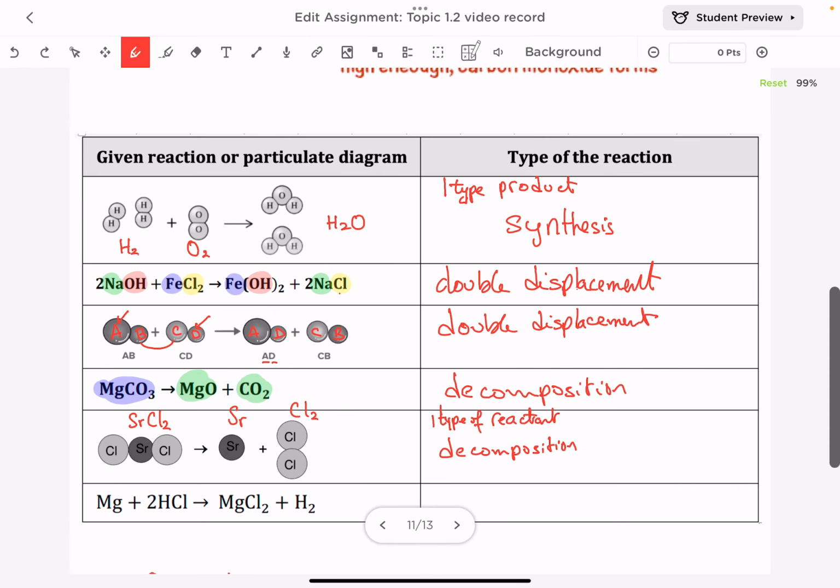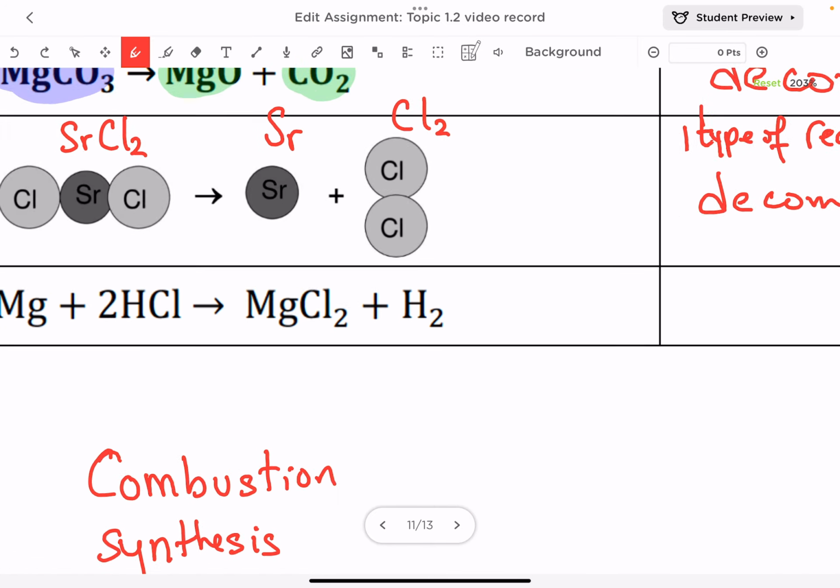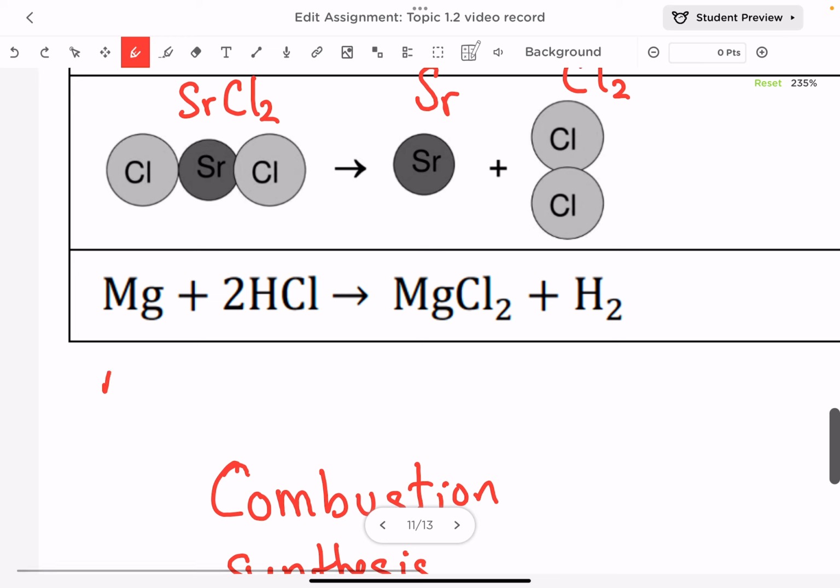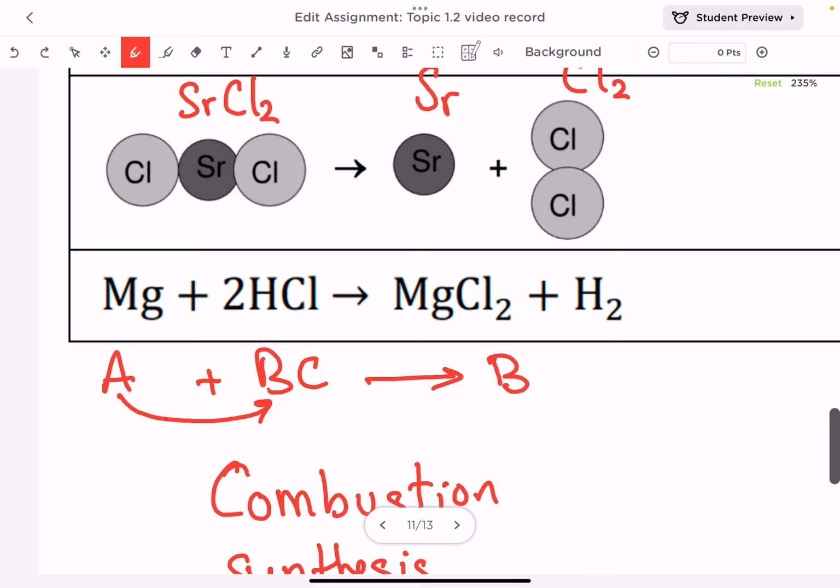Finally, the last example is an element plus a compound, A plus BC. So you replace B with A, so it becomes B plus AC. Or like in this example, magnesium, I'm coloring it with yellow.